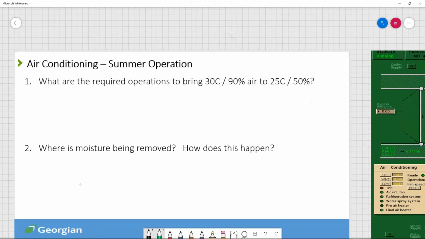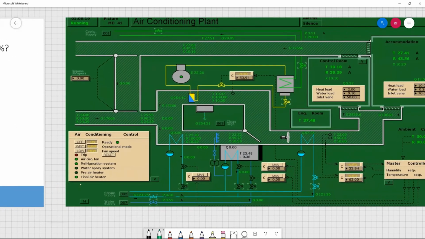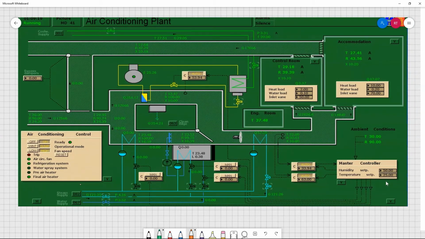All right, let's talk about summer. So what were my operations in order to get my air at the summer conditions, 30 and 90, to my comfort conditions? Okay, so let's take a look at our simulator screen again. In this case, I started out coming in at 30, and I came up through my pathway this way, and down and around.